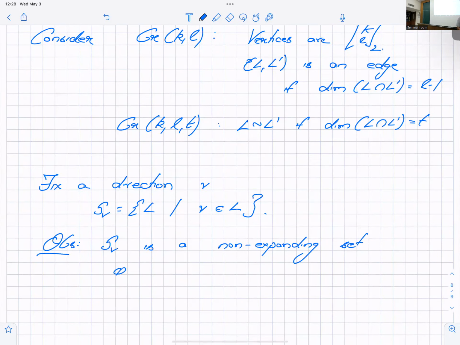In particular, phi of S_V, the number of edges between S_V and the complement of S_V, versus the degree of the graph times the size of S_V, that's the conductance. By the way, this graph is a perfectly regular graph, and that's the degree of this graph.